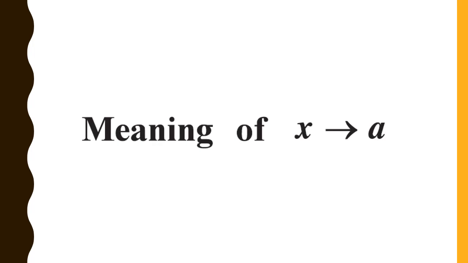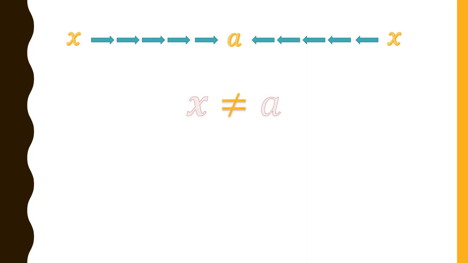We will start with the meaning of x arrow a, otherwise called x tends to a. Let us assume that there is a variable x and there is a constant value a. Now, I am increasing the value of x to get it nearer and nearer to a, or if it is already more than that, I am decreasing the value of x to get it nearer and nearer to a, but x is not equal to a.